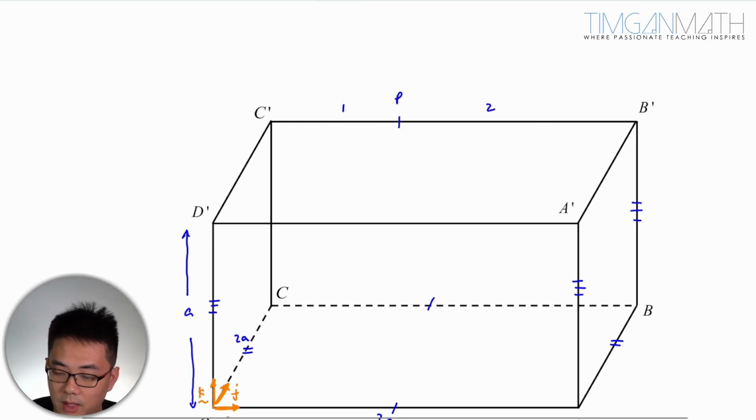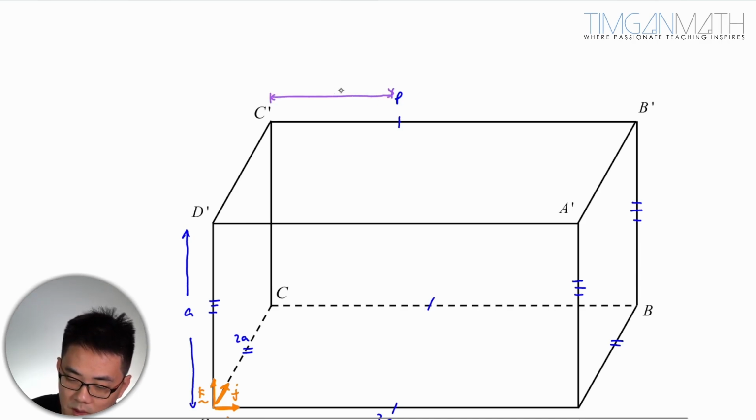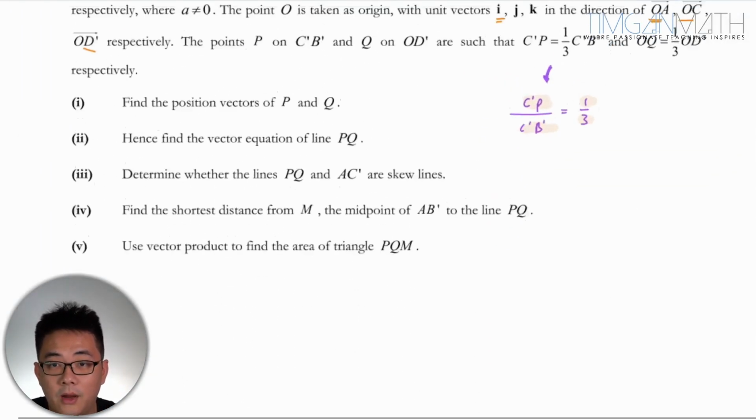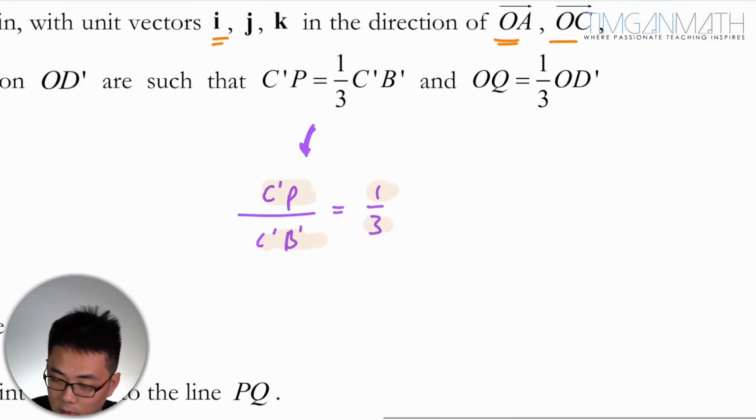I'll just repeat this: this is 1 and this is 2, 3 units in total. So in turn, this will give us 2 units here.